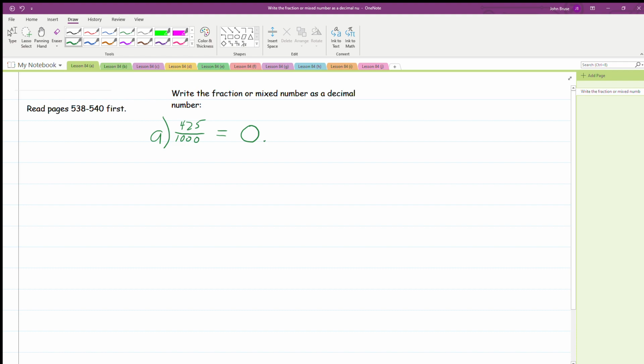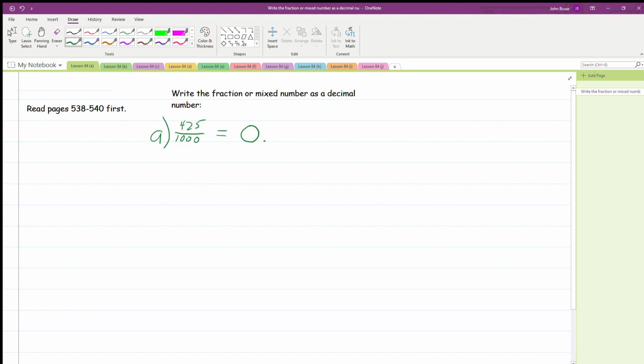and is the decimal, so we say this decimal as "and" when we're saying the number. There's no whole number here, so we don't normally put the "and" there, so we just say it as a decimal. We use "and" when we have a whole number here, but we don't, so we're just going to say it's 425 thousandths.